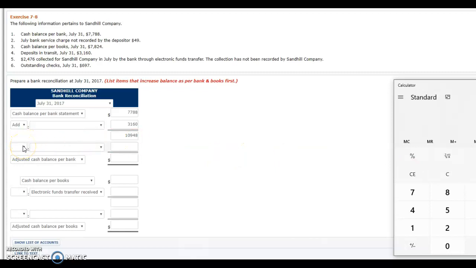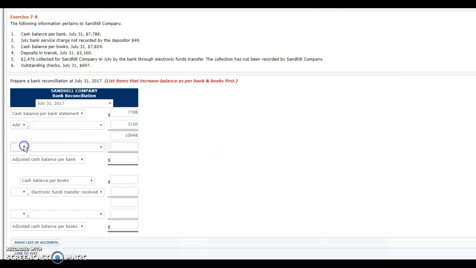And then next we're going to subtract out the outstanding checks right here. So we take out the outstanding checks, and the outstanding checks come to 697. Oh, here we were adding in the deposits.